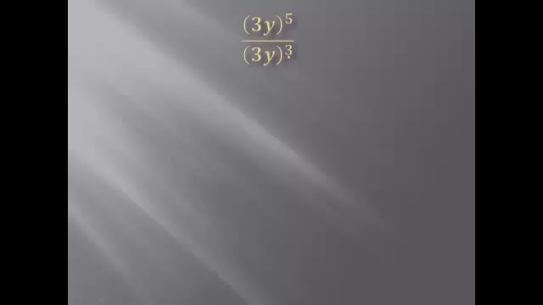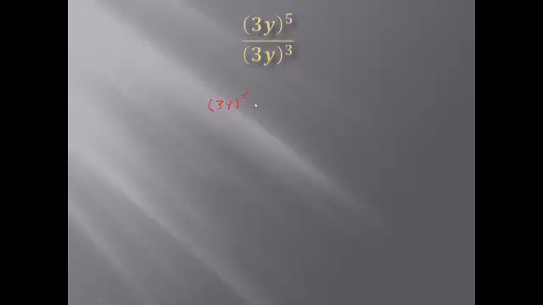All right. Now, this one, we have these exponents outside the parentheses, but we happen to have the same base on the inside of the parentheses. So before we distribute, I can take this entire base and move it up. And remember, if I move a base with an exponent over the fraction bar, it'll change the sign of that exponent.